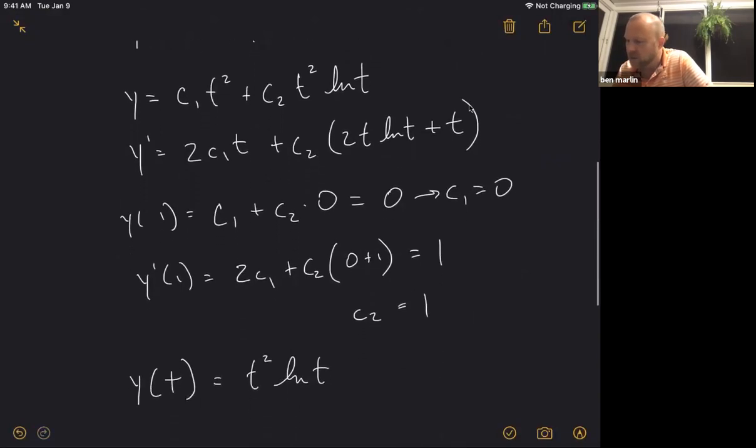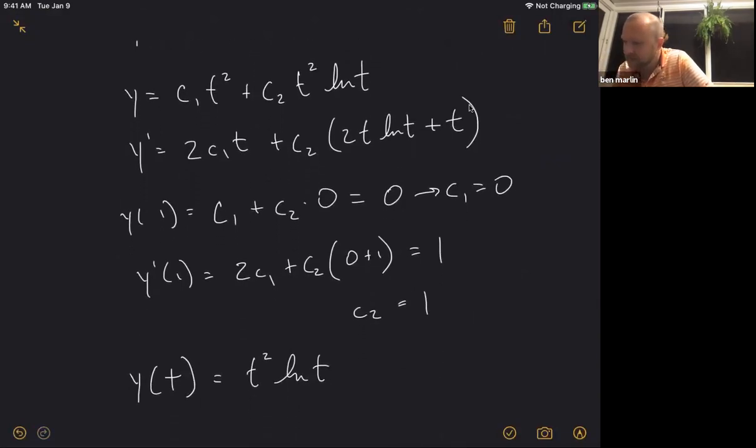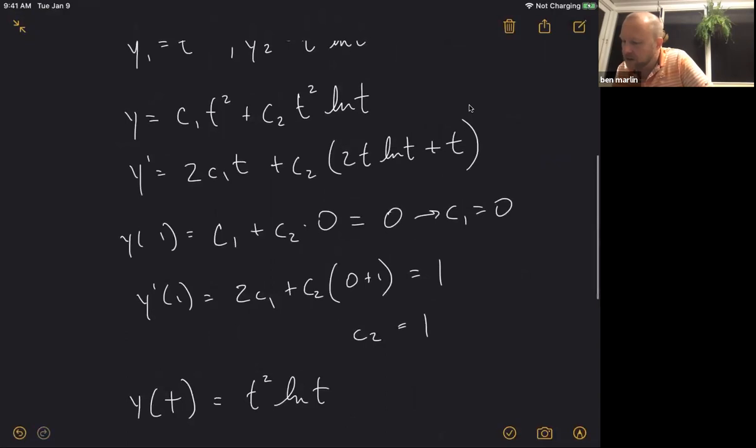So when we plug into these, we will need to have c1 plus c2 times 0. Because remember, the natural logarithm of 1 is going to be 0. So that says since c1 plus 0 equals 0, then c1 had to have been 0.